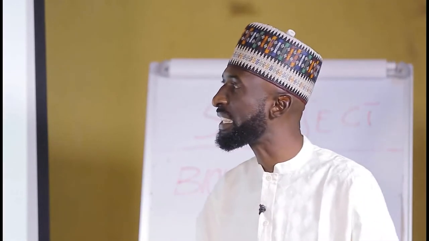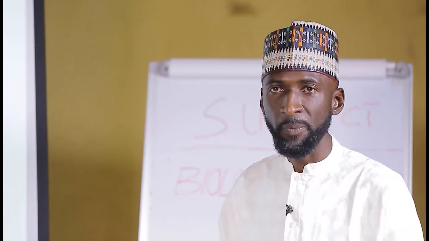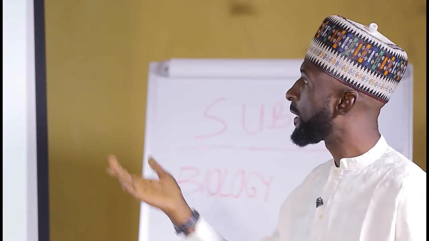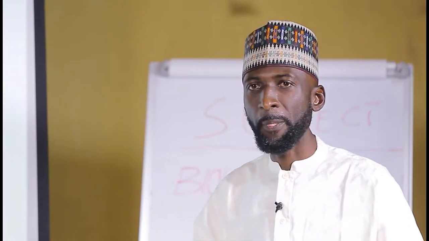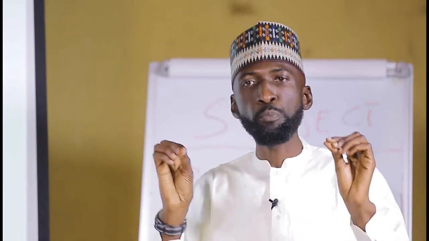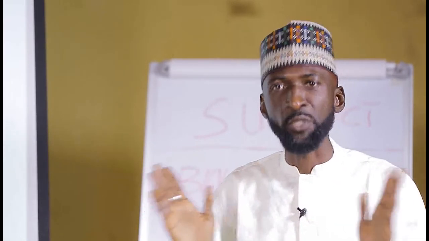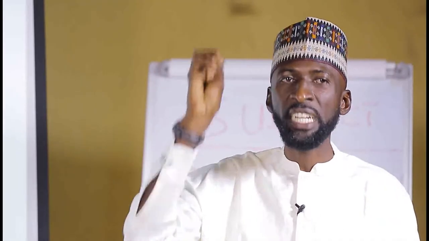On this note, I think we have come to the end of today's class. Now, in summary, we have to understand that plants, being living organisms, have to feed, whether we like it or not, because that is a major characteristic of plants. Because they have to feed, they devise a means of feeding, and that means is what we call photosynthesis.